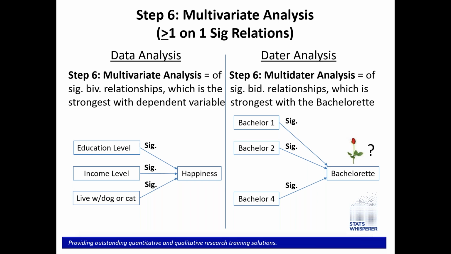But what's the strongest relationship? Education, income, or living with a dog or a cat on happiness, which is the strongest? And the same thing on the right, the data analysis. The Bachelorette has her significant relationships, and what she's looking for is the strongest relationship. And then she's going to give that person a rose.